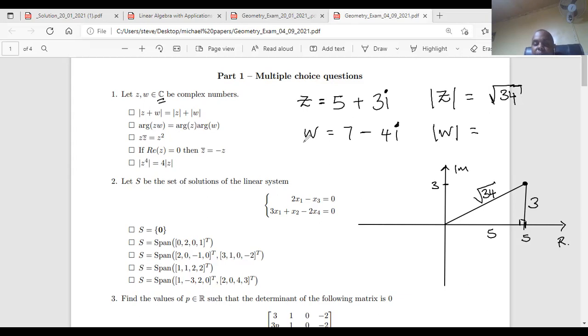Can you find the modulus of W using the same procedure? So it would be 7 minus 4i.